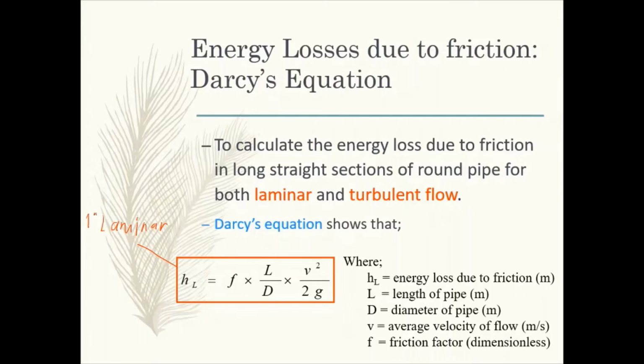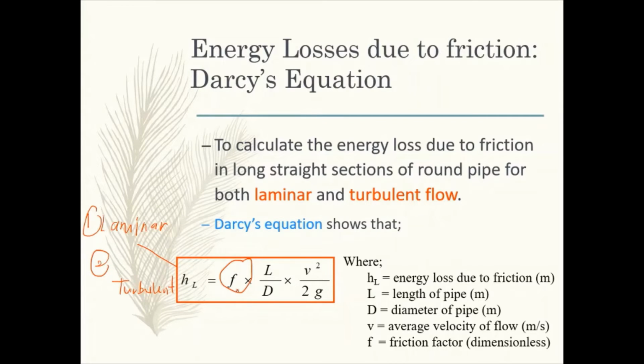The difference between laminar and turbulent is the friction factor, the F value.